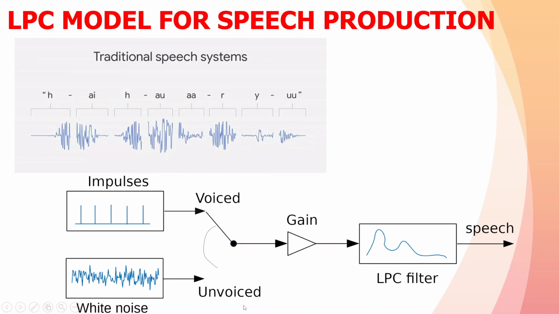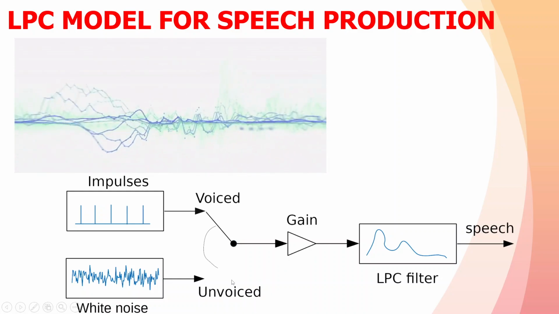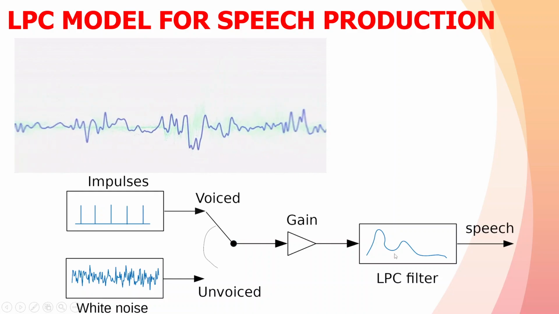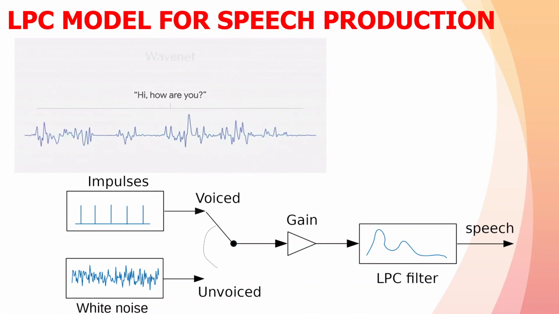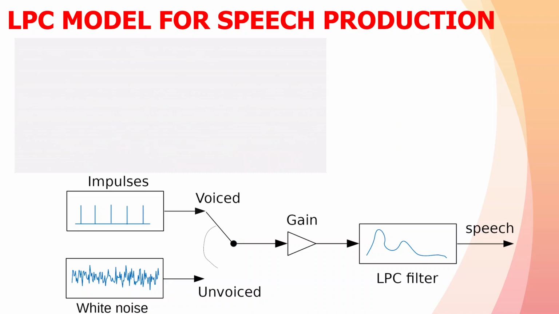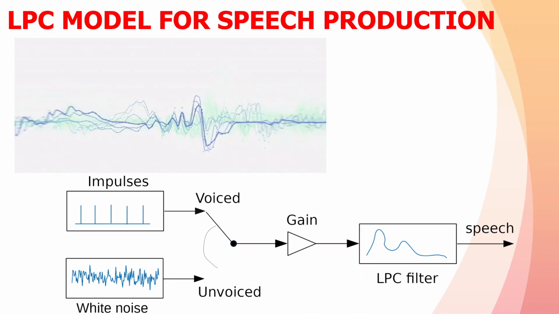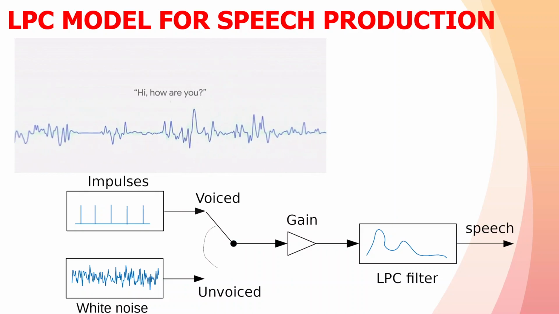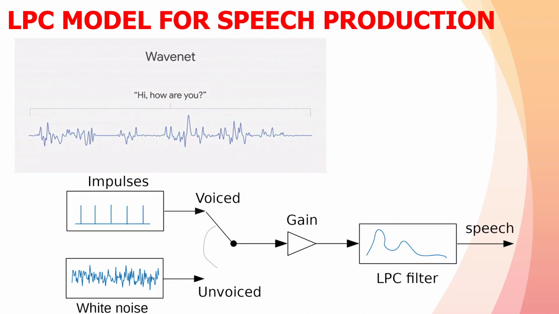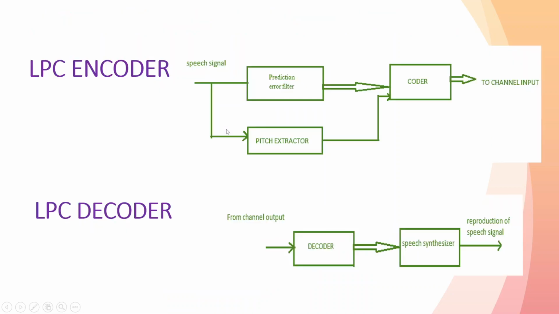For unvoiced, the amplifier is excited with white noise. And the LPC filter, based upon the features of the voice like pitch period, we will construct the LPC filter coefficients for generation of speech. So these are the corresponding letters and corresponding sounds.